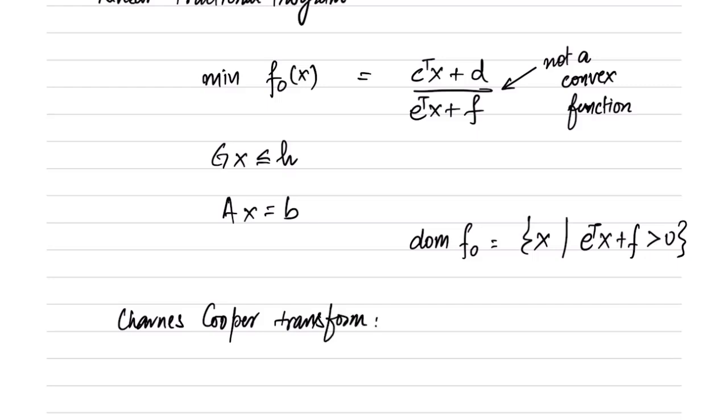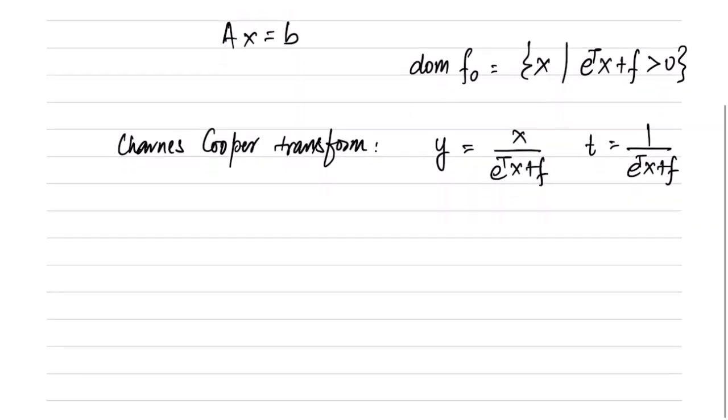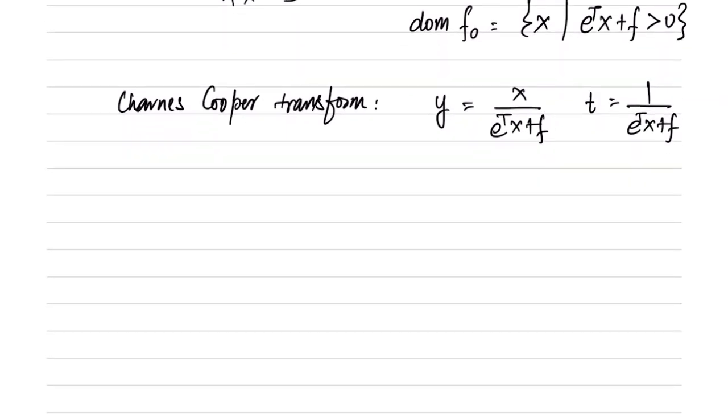Let's substitute y equal to x divided by e transpose x plus f, and t equal to 1 over e transpose x plus f. So we are making a substitution of variables, or change of variables.